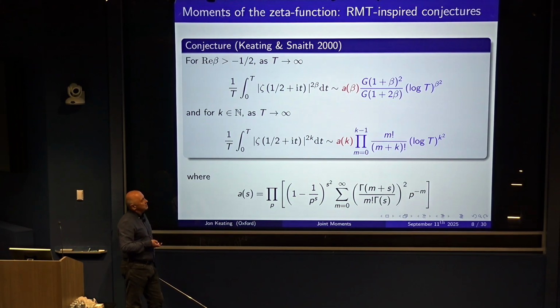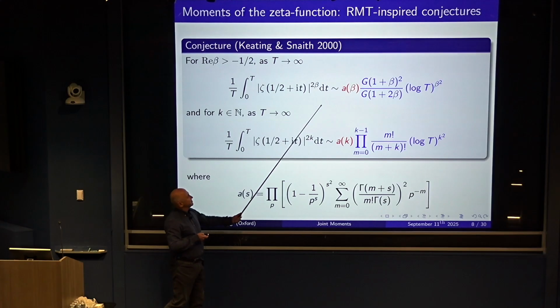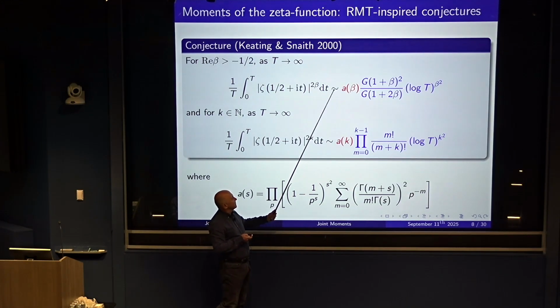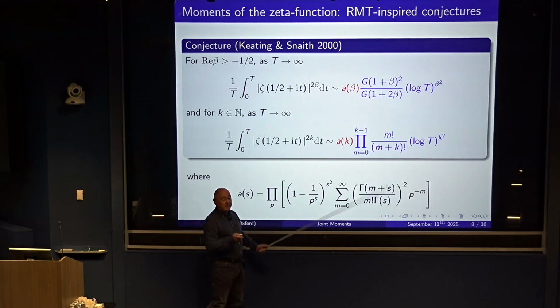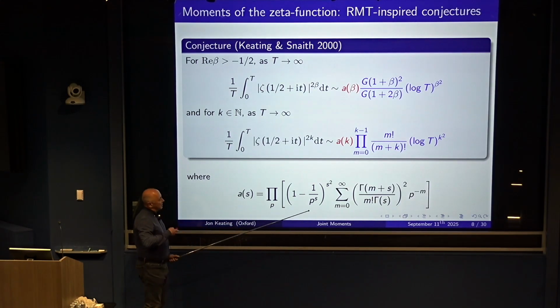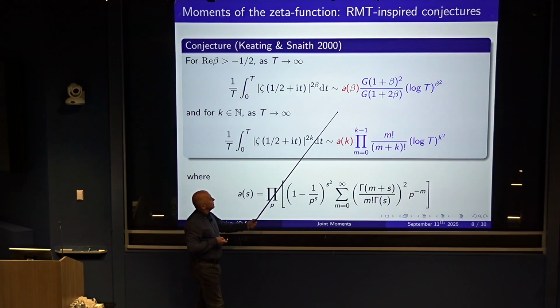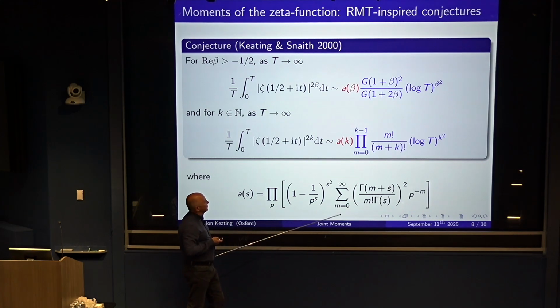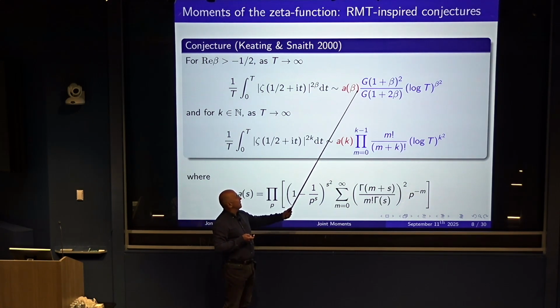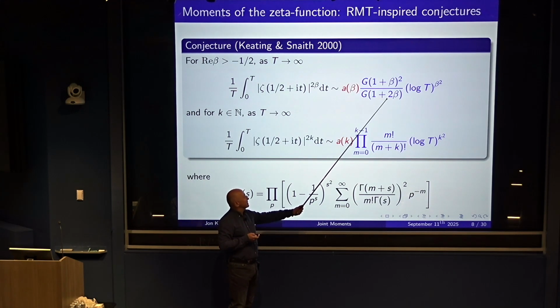And if you use the hybrid formula, which Will spoke about at some length, then you pick up both terms. So the two terms kind of talk to each other in this way. At leading order, they factorize, but they don't factorize at all orders. So this is the structure just at leading order, that you have an arithmetic part coming from a product of prime numbers, and then a part here coming from the random matrix calculation.